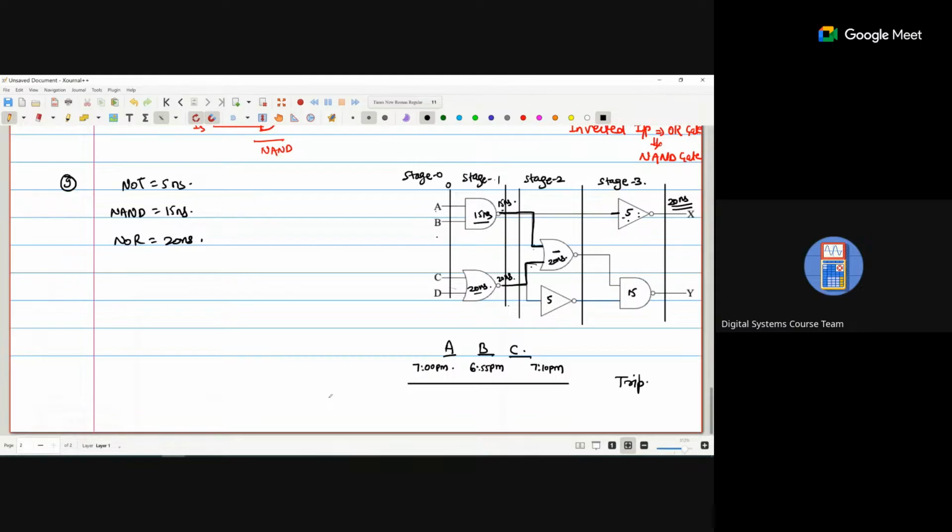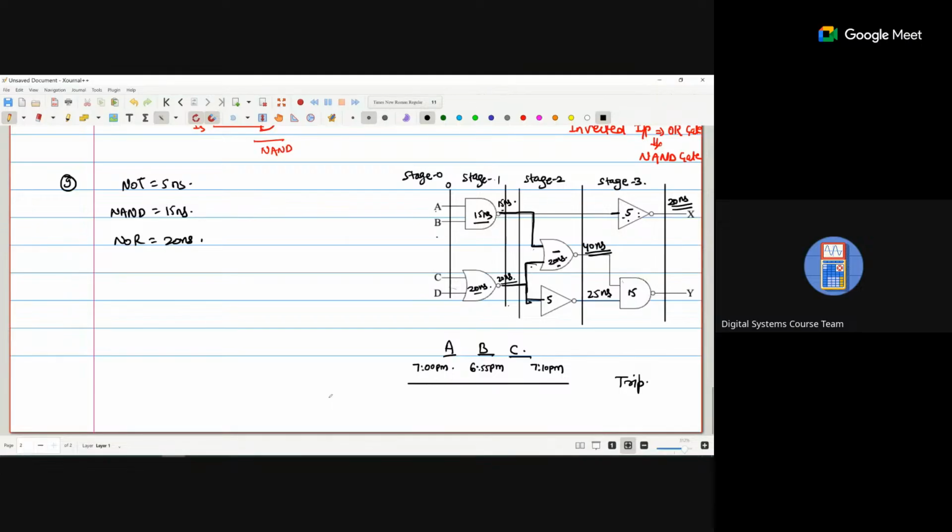Now 20 nanoseconds and 20 nanoseconds are provided, so this output will be at 40 nanoseconds. If we go here, 20 nanosecond delay plus 5 for the NOT gate makes 25 nanoseconds.